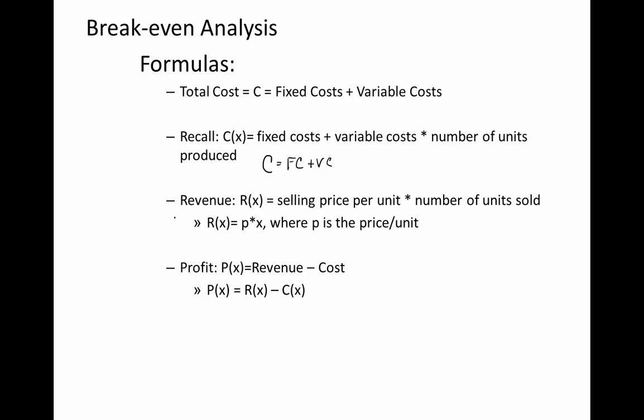A related equation is the equation involving how much money you obtain when you sell the products that you produce. That's the revenue equation, and that's selling price per unit times number of units sold.